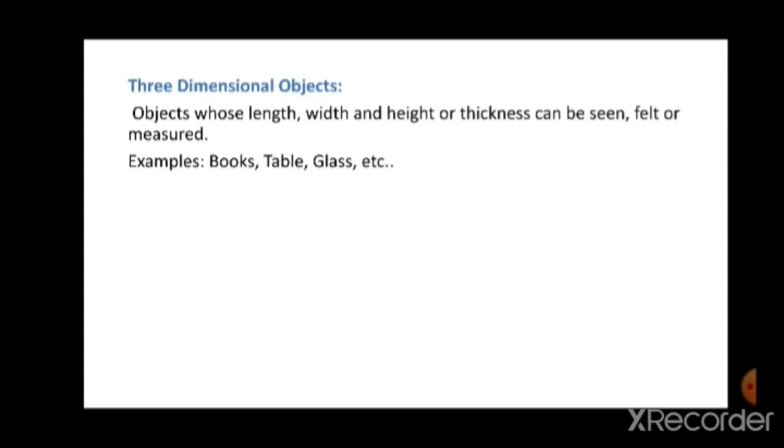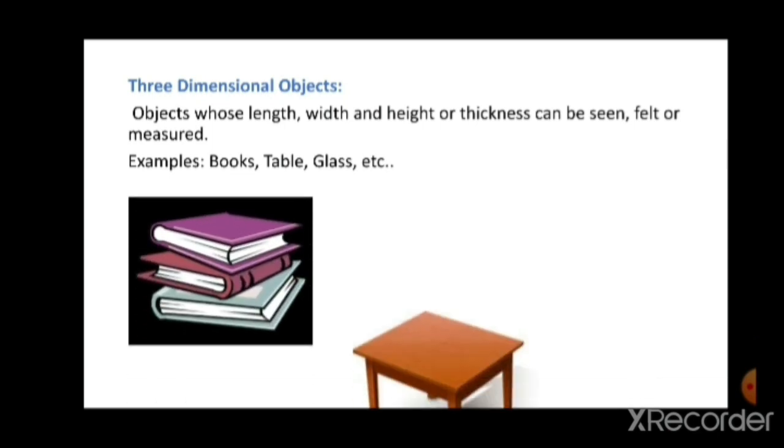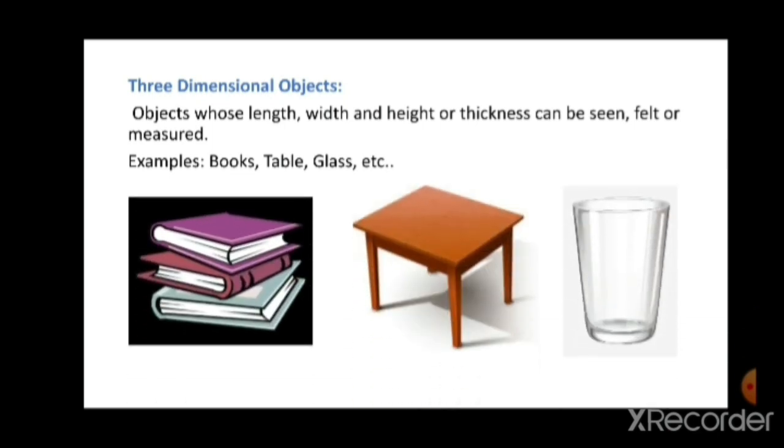Now in our surrounding there are various types of three-dimensional objects. Few of them are books, table, glass and etc. So books, table, glass are three examples of three-dimensional objects.